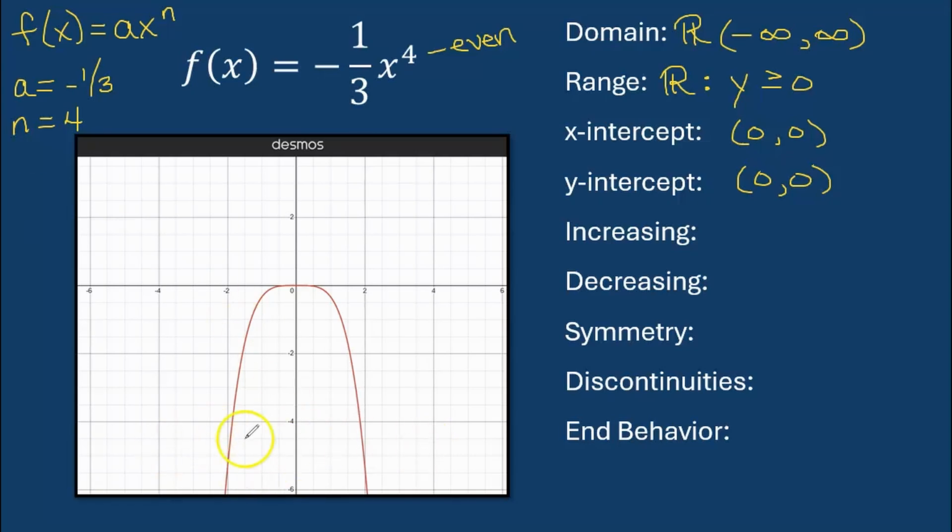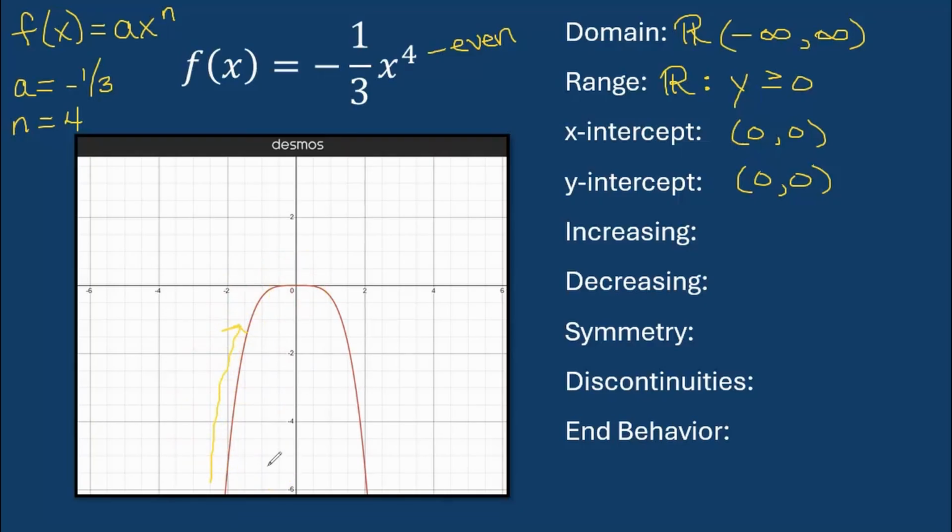Remember that when we're talking about increasing or decreasing, the interval is the x-axis, but the increasing is going to be whether it's increasing or decreasing in the y direction. That's a little confusing. I do have another video on this as well. You can see that if I were to follow the function from its smallest points, it's going up, up, up, up, up until it hits 0.